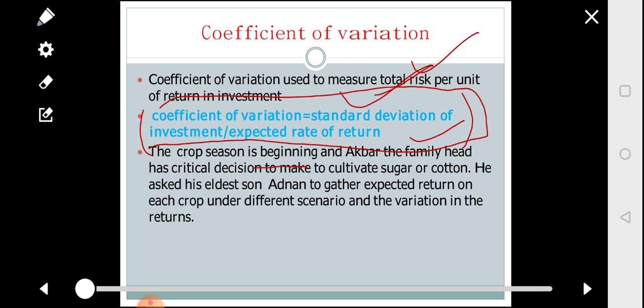So in order to solve this, Akbar told his eldest son Adnan to gather the expected return on each crop under different scenarios. So Adnan has to calculate the coefficient of variation to get the total risk per unit of return on investment. So let us go through it.